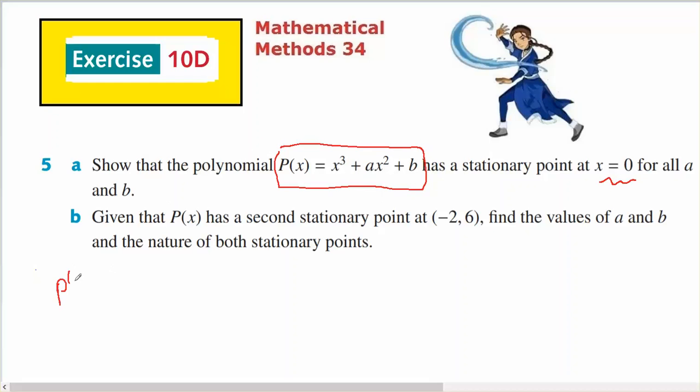So p dash of x will be 3x squared plus 2ax, and the b becomes 0. So stationary points are at p dash of x equals 0.